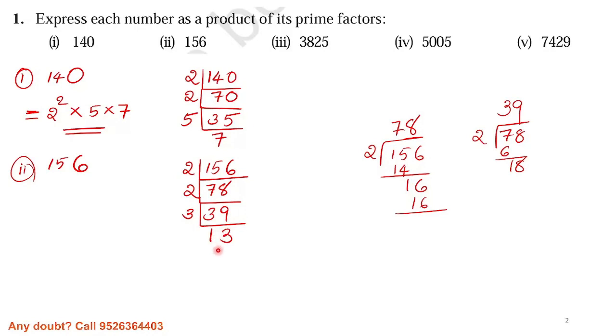No more division possible. The last number is prime. If the last number is prime, stop there. So 156 is written as 2 into 2, 2 square, into 3 into 13. This is the answer.